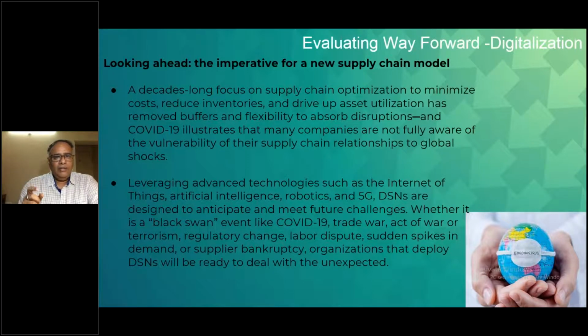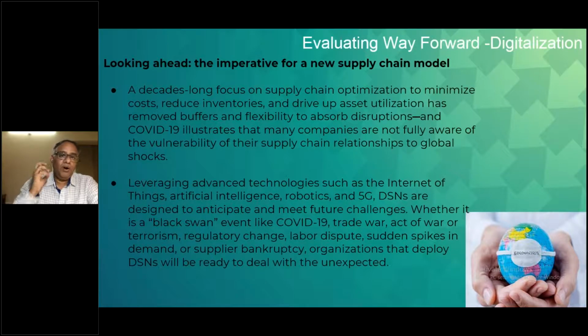There was no buffer and flexibility to absorb any disruption like COVID, because we were talking about Lean Six Sigma and just-in-time inventory, and we were never aware that this vulnerability in the supply chain and these global shocks would come.